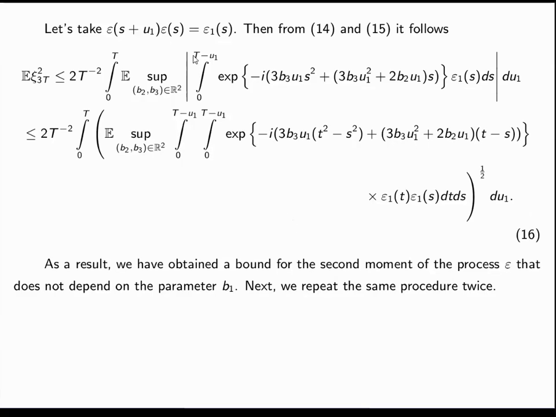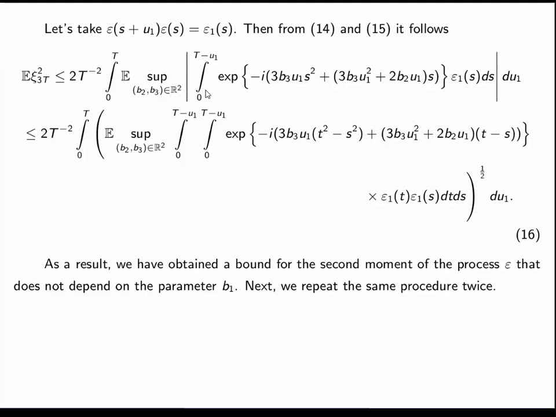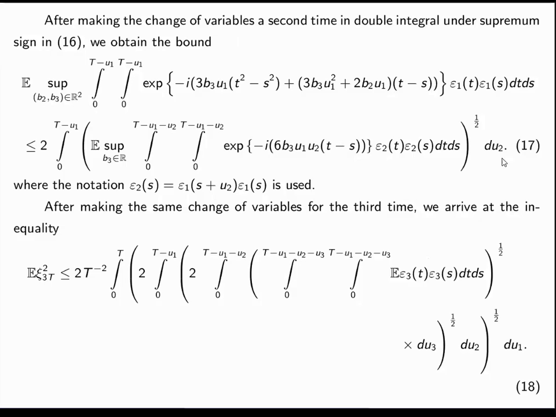Next, we repeat the same procedure twice. After making the change of variables a second time in the double integral under the supremum sign in formula 16, we obtain the bound 17, where the notation epsilon 2 of s is used.